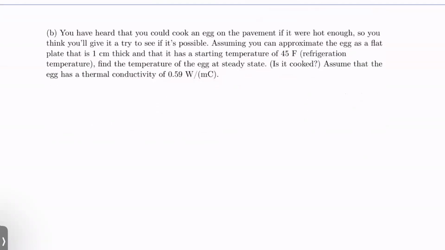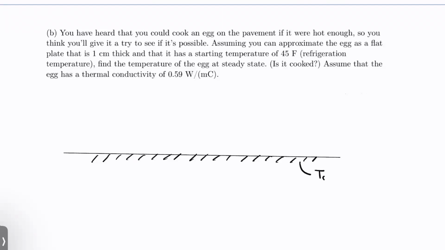Okay, so let's set it up. All right, so we have our pavement. This is Ts at 160 degrees Fahrenheit, which is 344.26 Kelvin.